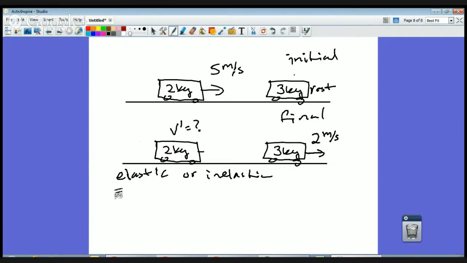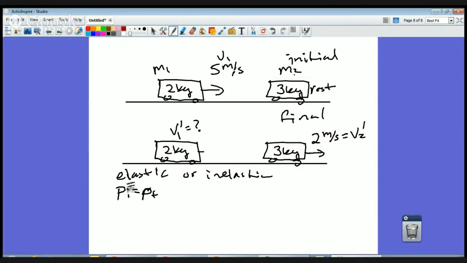So I know that, let's call this, I don't want to write the numbers all the time, so I'll call that M1, M2, and this can be V2 prime. So typically for something like this, you're going to get a point for saying you're going to use conservation of momentum, or for writing any kind of expression that indicates that.